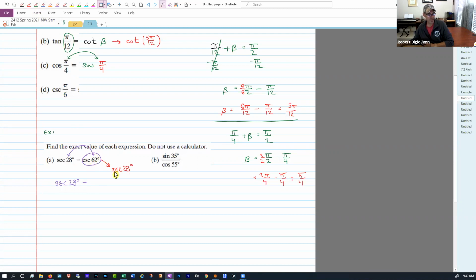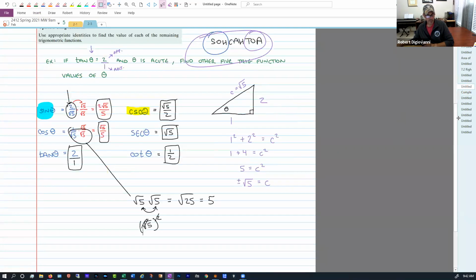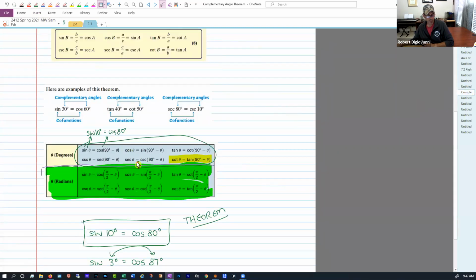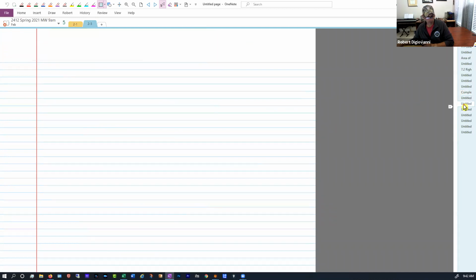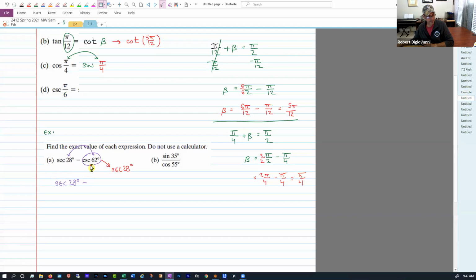Cosecant of 62 is equal to secant of 28 because, this relationship we have right here. Cosecant of 62 is secant of 28. So that's just going to cancel out and we just get 0 because they just kill each other.